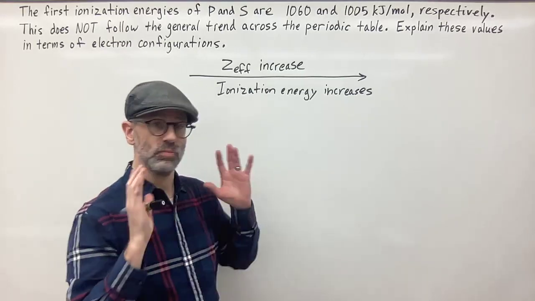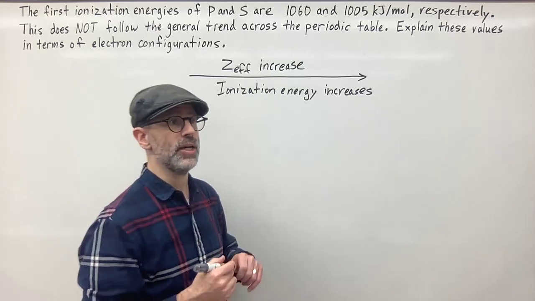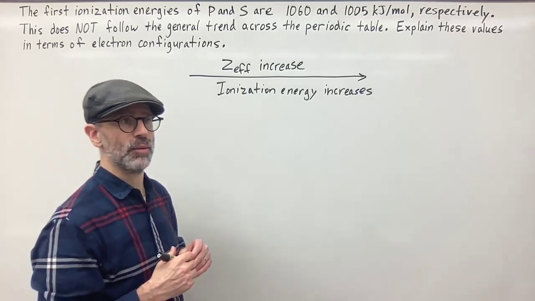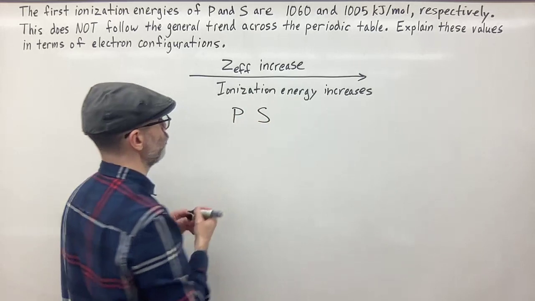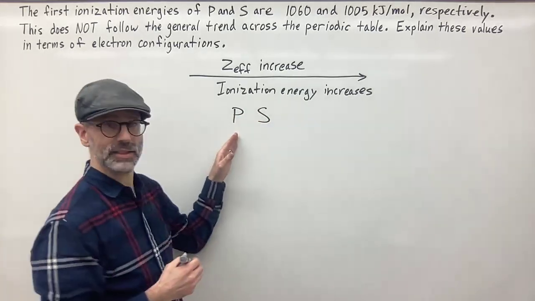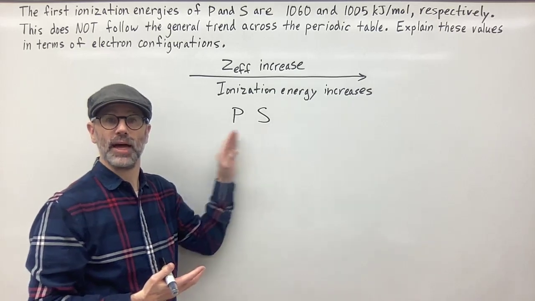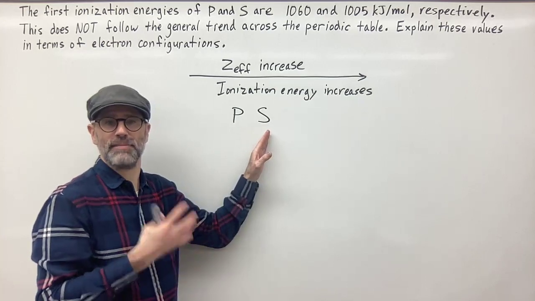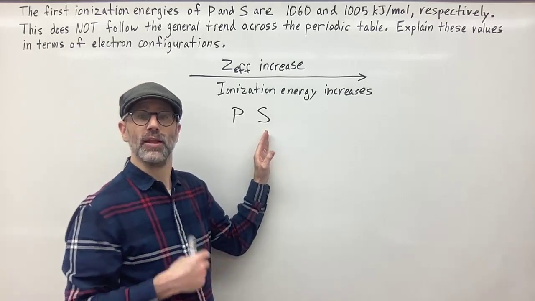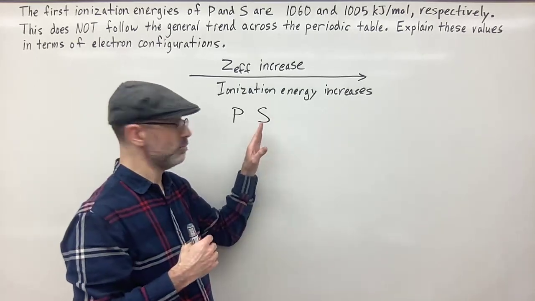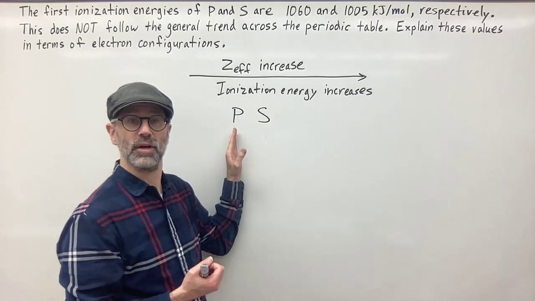Okay, so why is it that phosphorus and sulfur don't follow that general trend? So if you look at the periodic table, you'll see that phosphorus comes before sulfur. So you would expect sulfur to have a higher ionization energy than phosphorus, meaning that it should take more energy to remove the electron, because supposedly the electrons are feeling a greater pull by the nucleus compared to that of phosphorus.